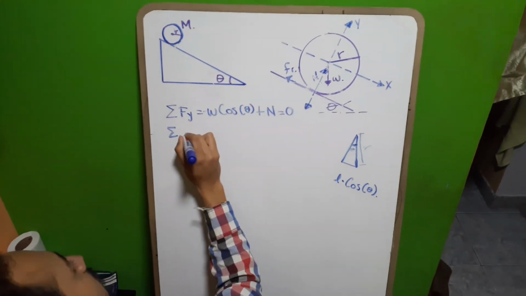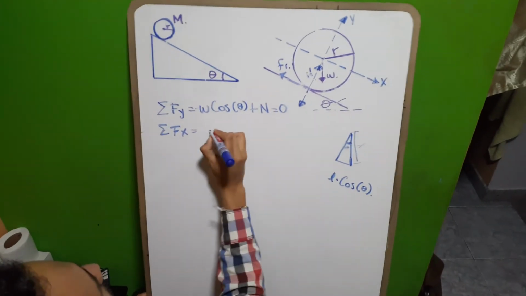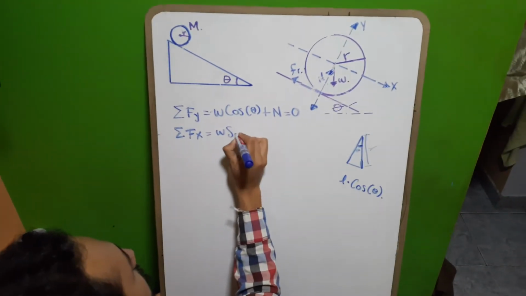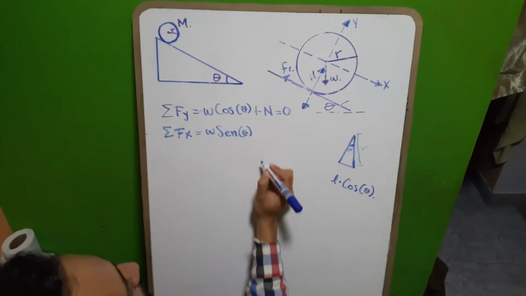And last, in the axis x, it is W sin theta. This is theta.